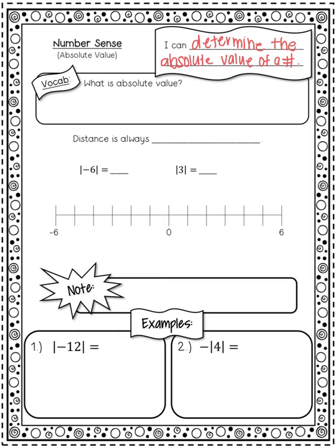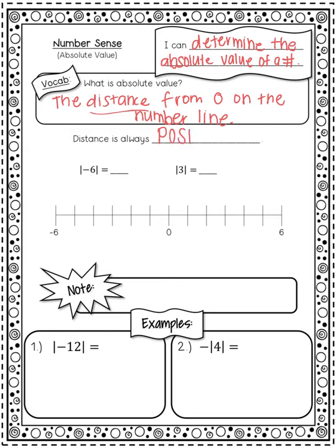The absolute value is the distance from 0 on the number line. It doesn't matter which direction you're going. Anytime we talk about distance, we talk about it in absolute value form. The distance of a number from 0 is always positive. That's something we should always remember.